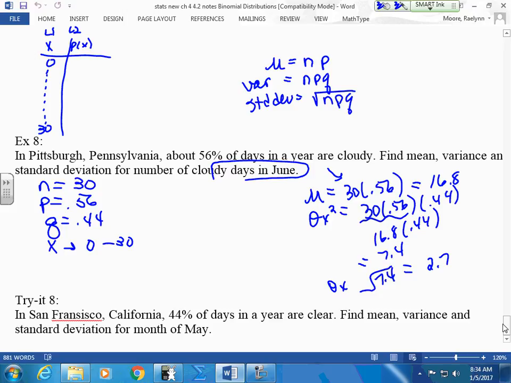Okay. You guys try 8. San Francisco, California has 44% of days in a year that are clear. Find the mean, the variance, and the standard deviation for the month of May. For the 31. Yeah. 31.